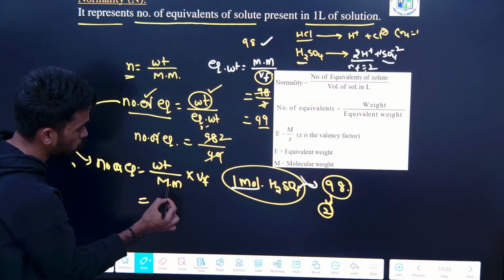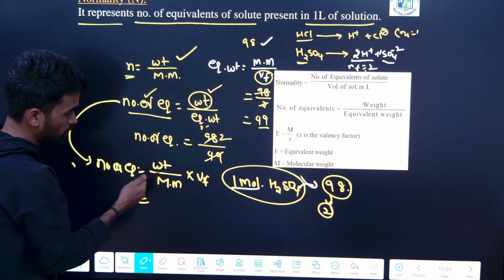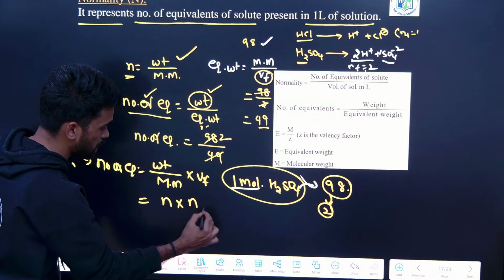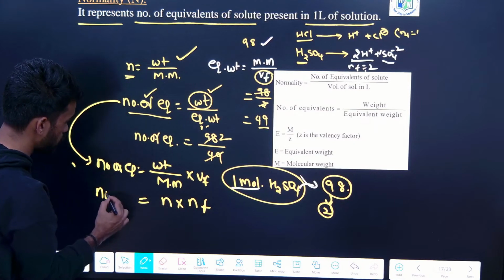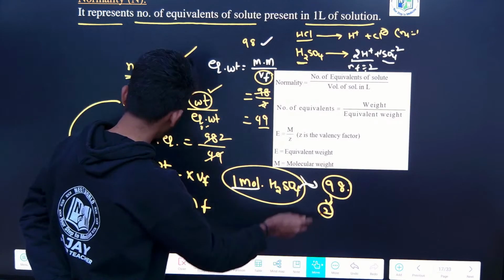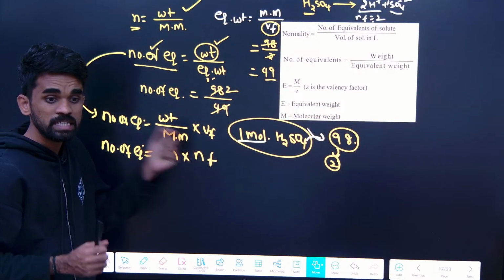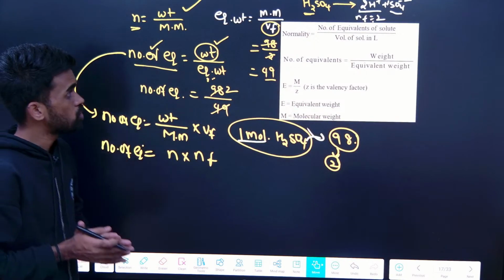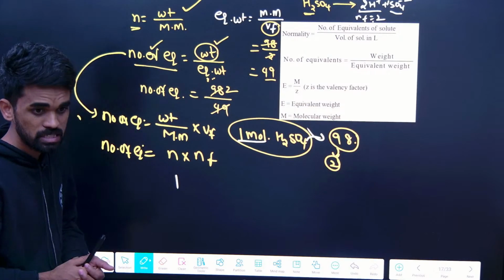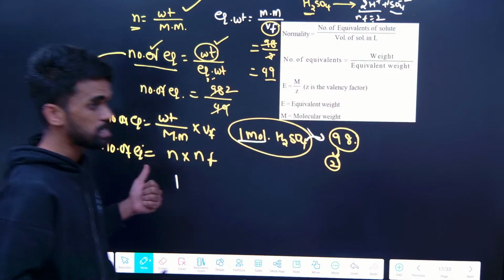So weight by molar mass is the number of moles, and multiplied with its N factor it gives us the number of equivalents. So number of equivalents equals number of moles multiplied with its N factor. If I say 1 mole of sulfuric acid, how many equivalents does it have? 2. So here also we got 2, here also you got 2. Is that clear or not?